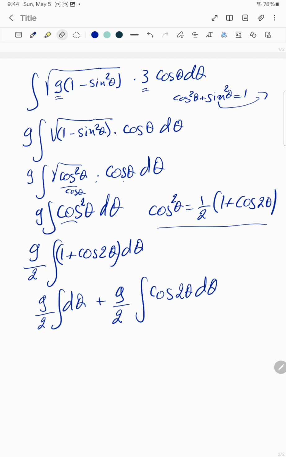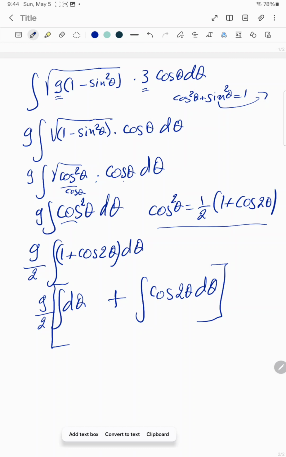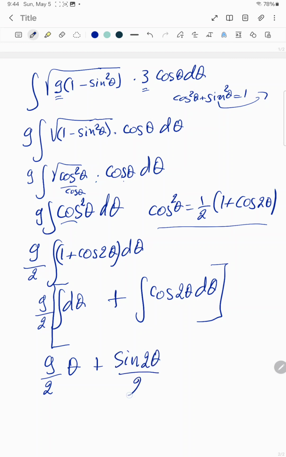Or it's easier if I take out this and put all that into a big bracket, knowing that I have to multiply the answer by 9 divided by 2. So the integral of d theta is theta, so it becomes 9 divided by 2 times theta plus the integral of cosine 2 theta, which is sine 2 theta divided by 2, plus C.